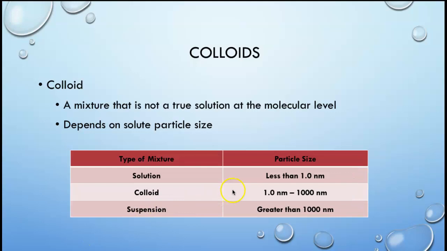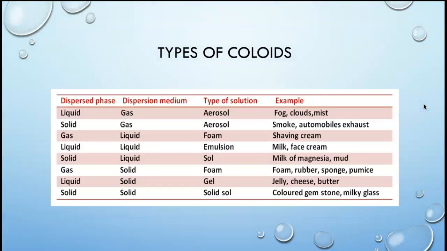So let's go back to colloids though, because colloids a lot of times look like solutions. And colloids are pretty common. So instead of having a solute in a solvent, we would have the dispersed phase, which would be like the solute. I'll write that down, maybe.